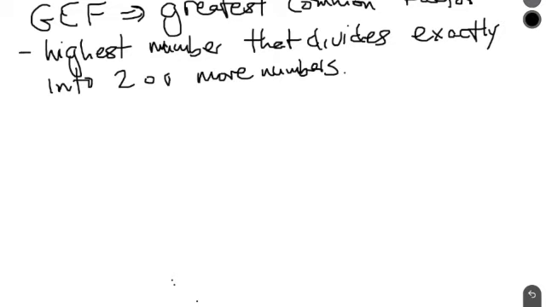Okay, so if we want to find the greatest common factor of three numbers, then it would be the highest number that divides exactly into three numbers.